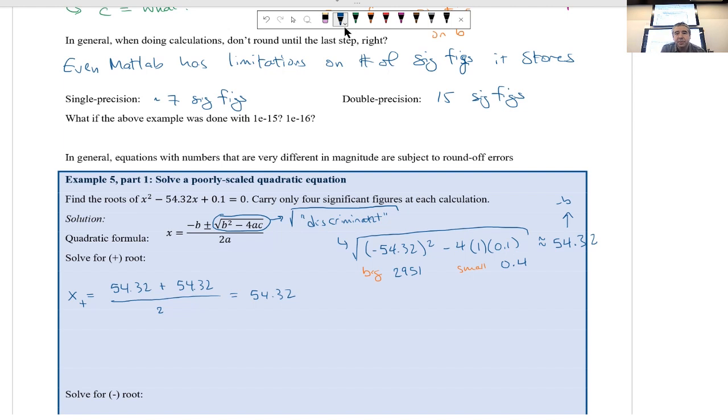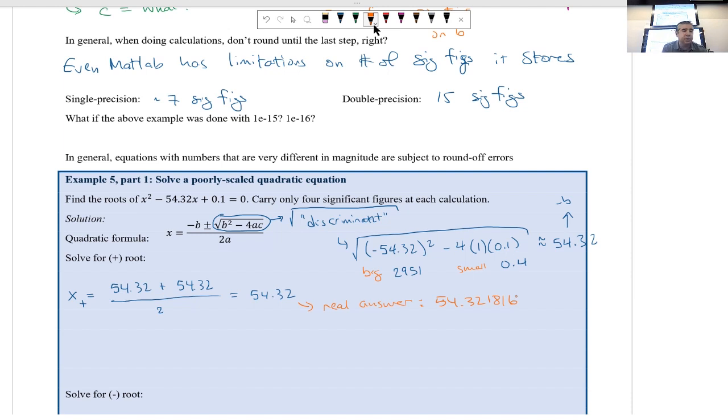Now it turns out that the real answer, if you carry more sig figs, is 54.321816. So that's the real answer. So we have some round-off error. No big deal, right?